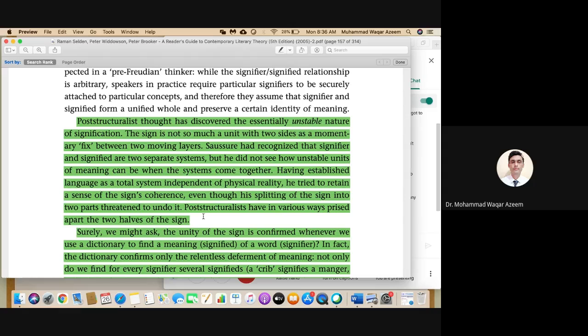We just did that experiment in the beginning of the class, right? We looked up the dictionary and realized that even within the language, forget about the physical reality, there is no stable relation between signifier and signified. Rather, all signifiers have so many signifieds, and those signifieds, when they turn into signifiers, have so many signifieds, and this process goes on and on.